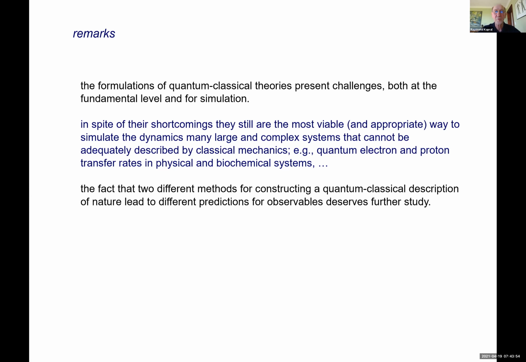You can construct equations that give you expressions for the appropriate quantum classical density, but then the entire apparatus of statistical mechanics has to be modified, because you have to construct a set of rules that keeps you within this quantum classical universe.